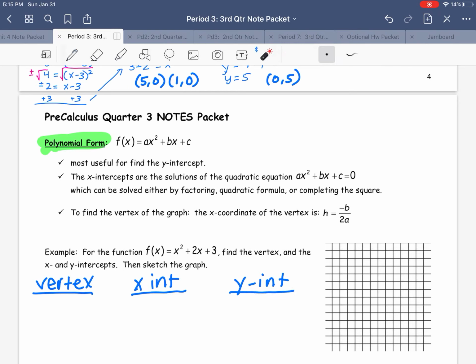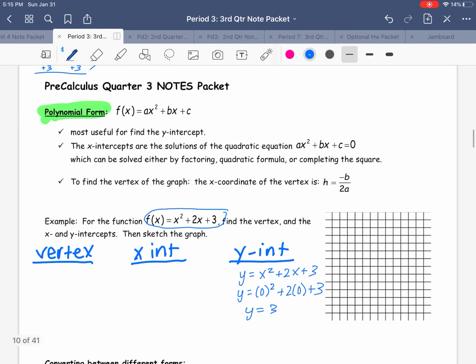Now remember, I said that y-intercepts were going to be the easiest ones to find. Okay, so let's do that first. Here's my equation. To find a y-intercept, I just go into this equation, and where I see x, I substitute in 0. And I get 3.